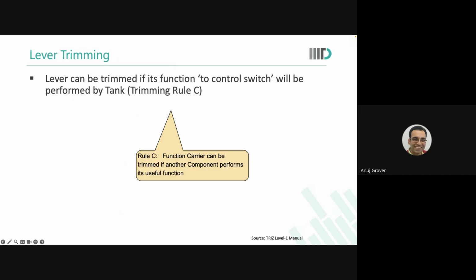So lever can be trimmed if, you may say the switch doesn't exist, but let us apply rule C here, where something else can control the switch. Can there be something else that can control the switch? ये कह रहा है यूजर को ही ले आओ, तो ऑटोमेटिक कहां बचा? तो पहले भी ले आते.